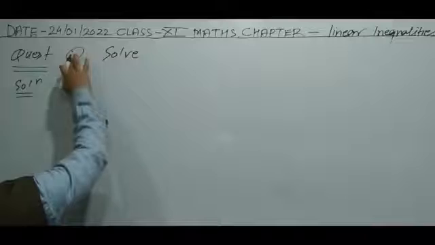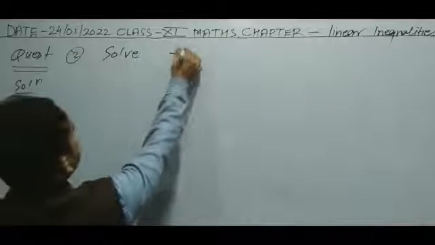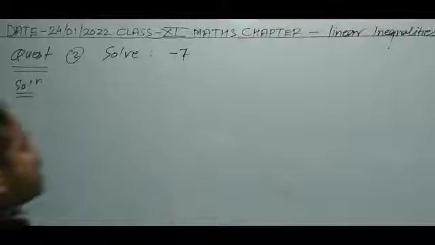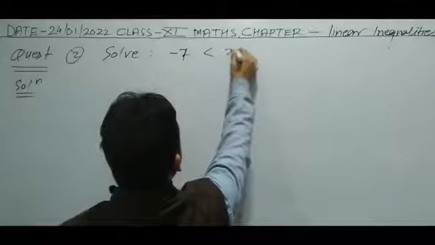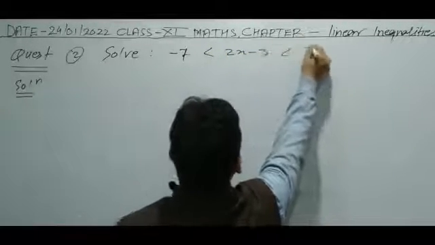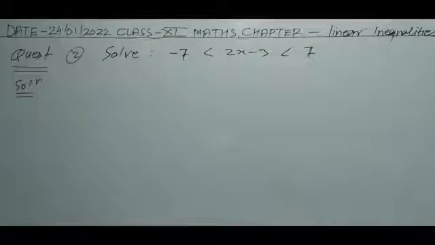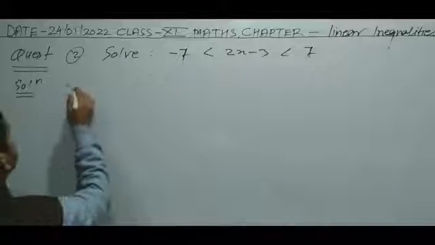This is question number 2. So minus 7 is lesser than 2x minus 3 is lesser than 7. So this is our second inequality. Now how we can solve this? So see the solution.